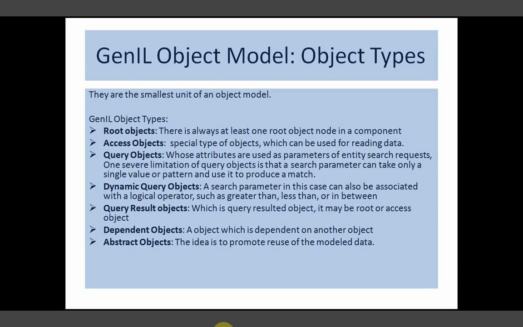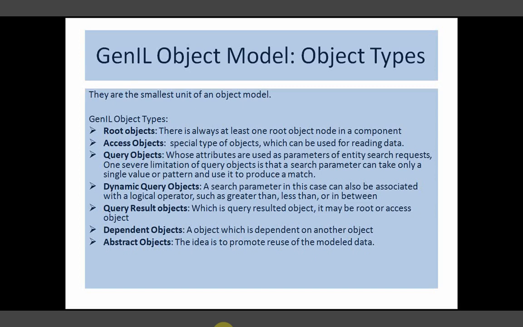The first rule is that for a component, there is always at least one root object node. If we have created a component, it should have at least one root object. There may be a couple of root objects as well. And root, as the name specifies, is a root object.